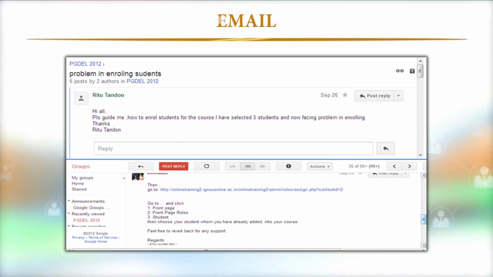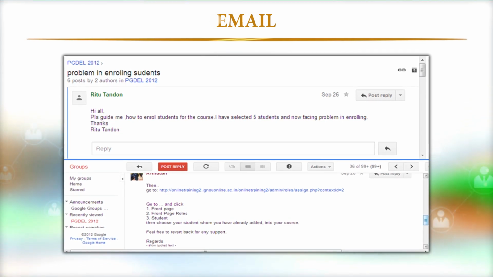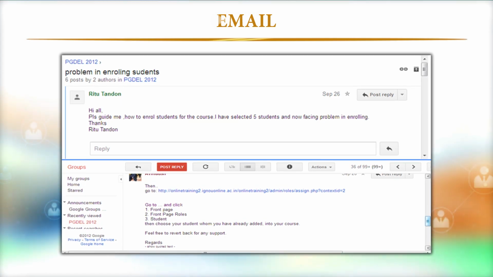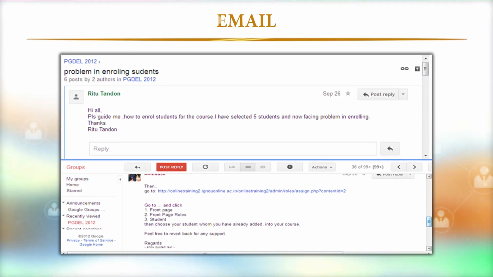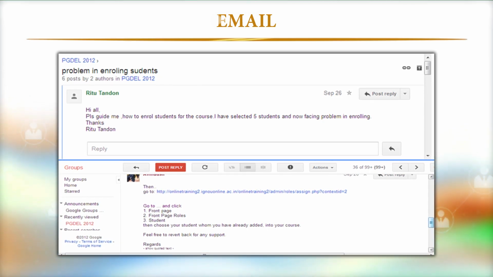Email is also one of the asynchronous learning tools, where we can communicate with the student, and get a reply from the learners, or a reply from the facilitator, in order to get information.